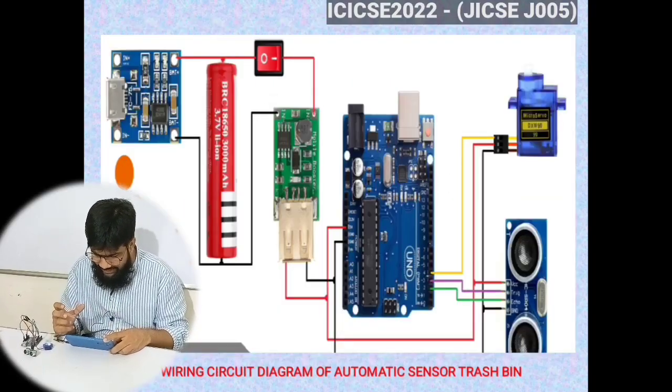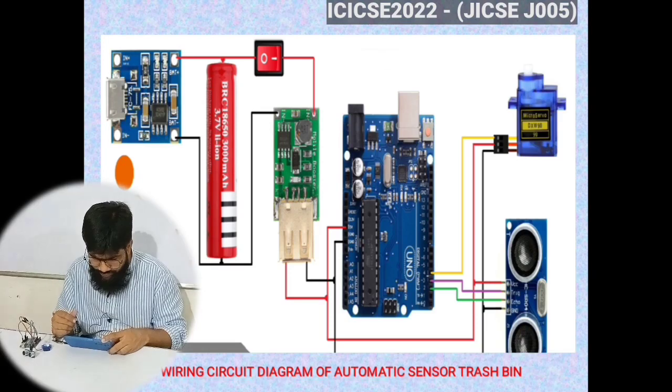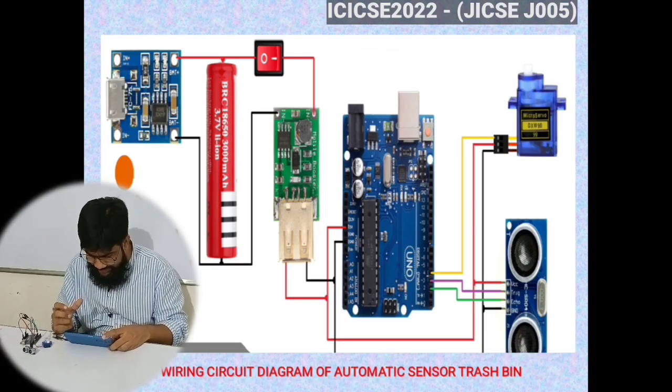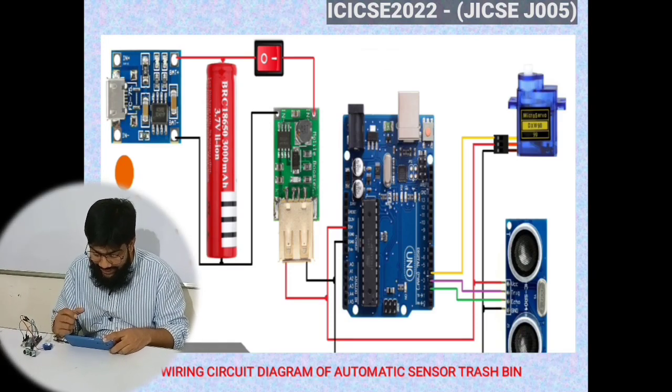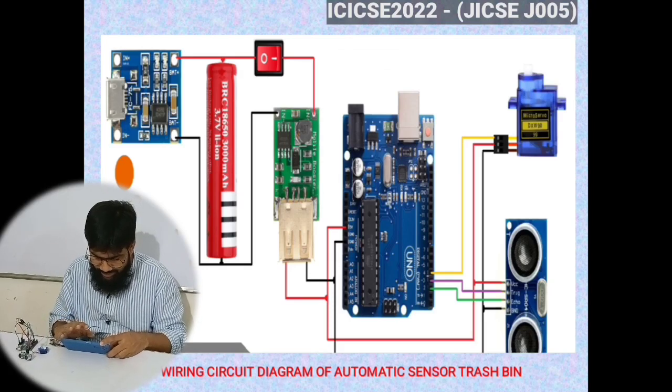I made this slide so that you get a slight overview of the wiring for this project, what kind of circuitry we have used. It's a simple thing I'm explaining over here.